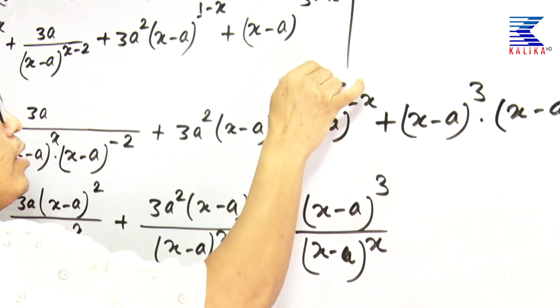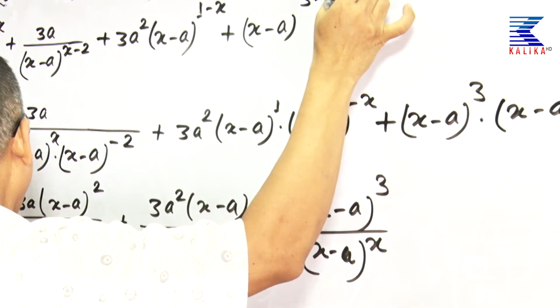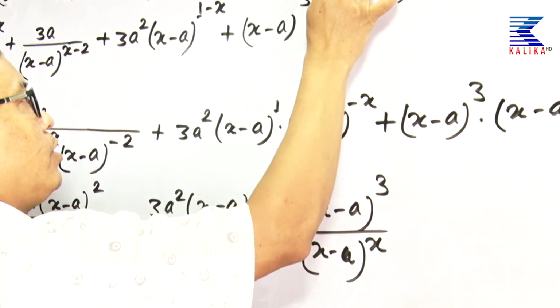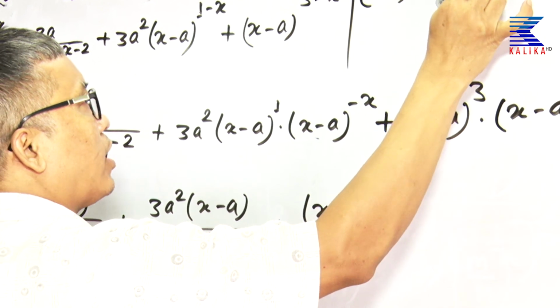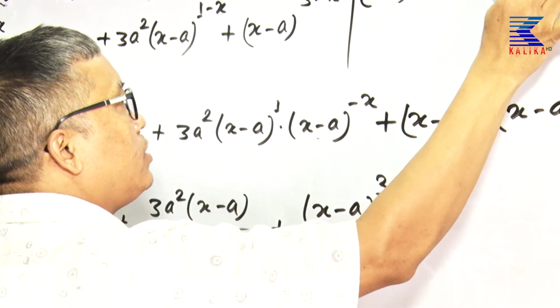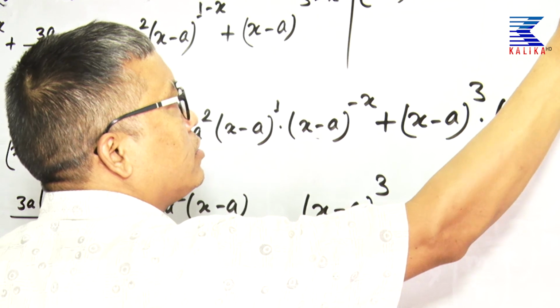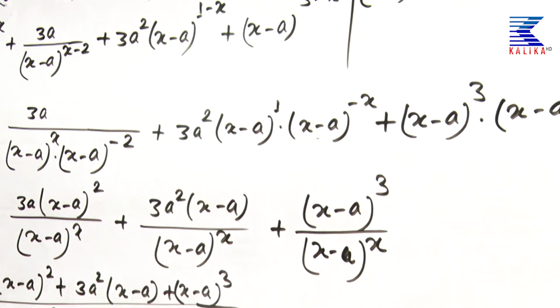Look here, (a plus b) whole cube means a cube plus 3a square b plus 3ab square plus b cube. This is the formula of the whole cube of a plus b. Now look here, in place of a, here is a, and in place of b, here is x minus a.